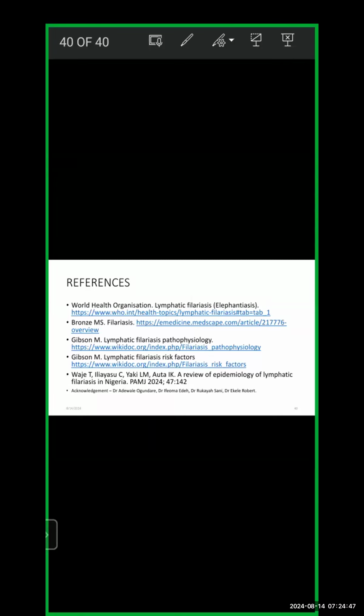You can also debulk the tumor and create an anastomosis for drainage. However, surgery is shown to be less successful and may necessitate multiple procedures and skin grafting. But it's also an option in the management, especially when they have lymphedema. All right, thank you so much.